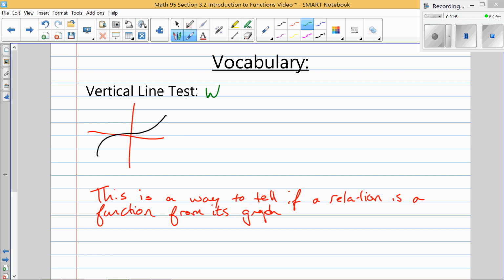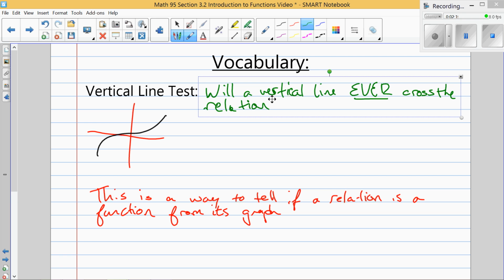So the question is, will a vertical line ever cross the relation, I guess the relation's graph, more than once?